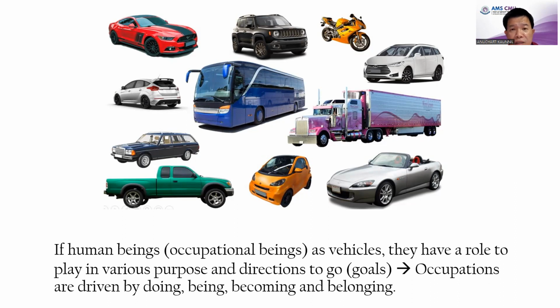Human being or occupational being as a vehicle, or walk of life, or people have roles to play with various purposes and directions to go. That is the objective or goal or purpose. Occupations are driven by doing, being, becoming, and belonging. That Dr. Surinya taught you already. This is the perspective.